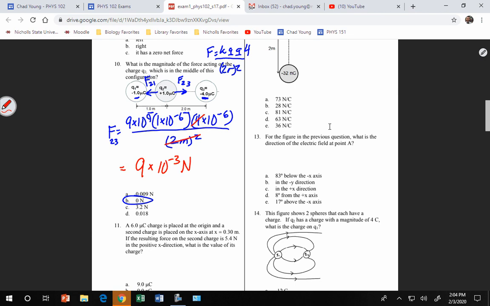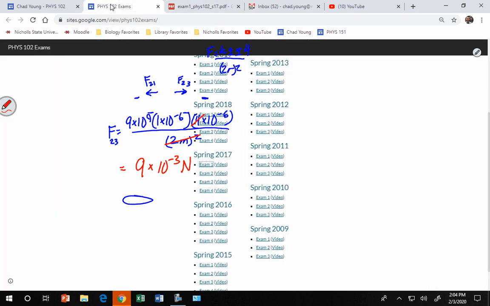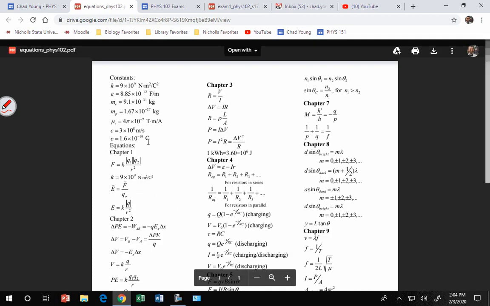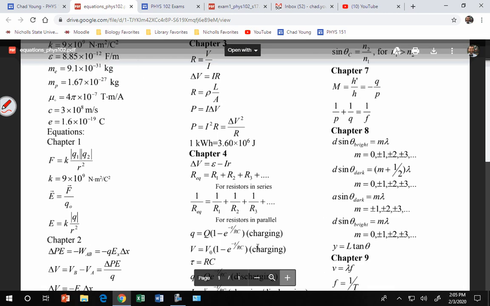In fact, on your equation sheet, it's written a little bit differently. Let me show you. On your equation sheet, see how it's written right here? F is equal to k, absolute value of Q1 Q2. It has these absolute value bars. That's to remind you not to include the negatives. The same here for electric field. So you have the absolute value bars.